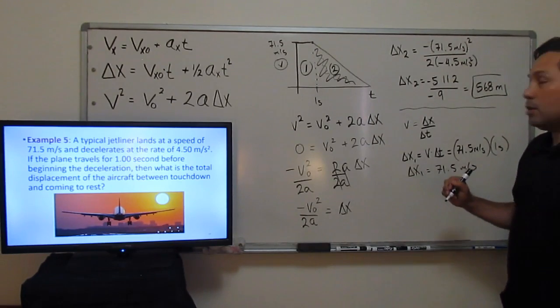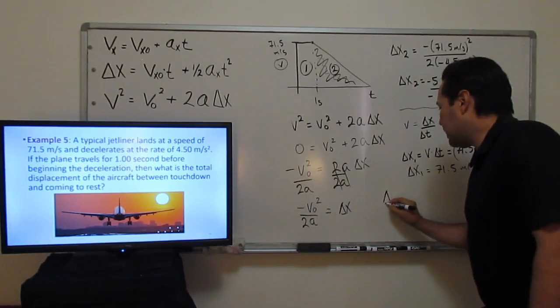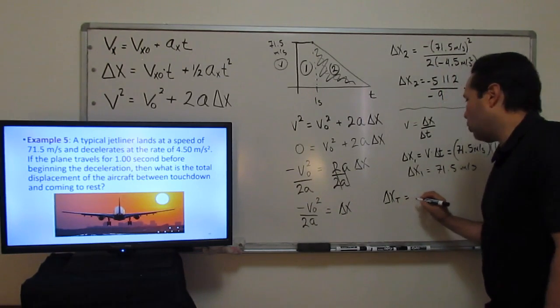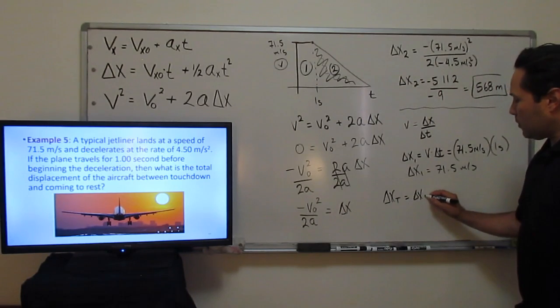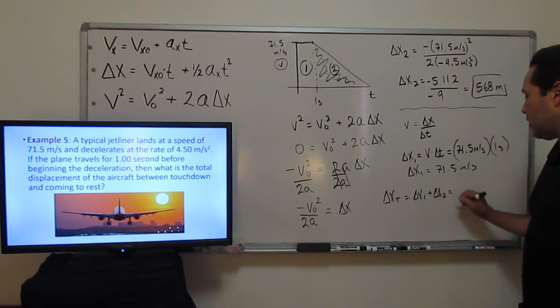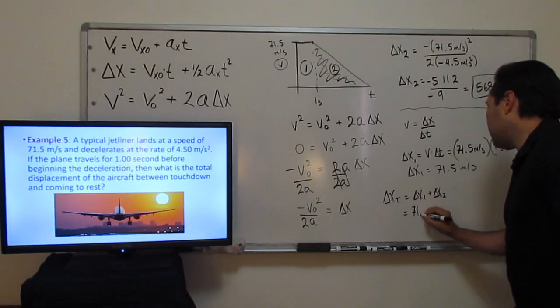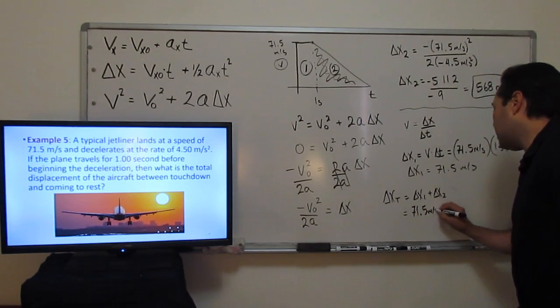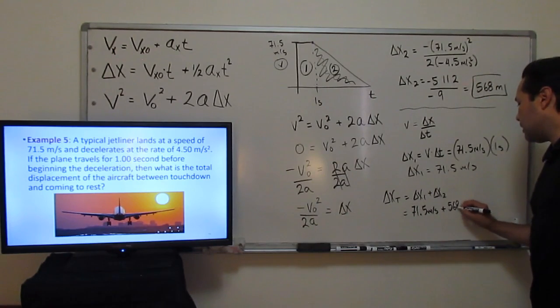The first part is 71.5 meters. To get the total journey, I'm going to put delta x with a t for total. It would be the first part of the journey plus the second part of the journey. So the answer for that one would be 71.5 meters plus 568 meters.